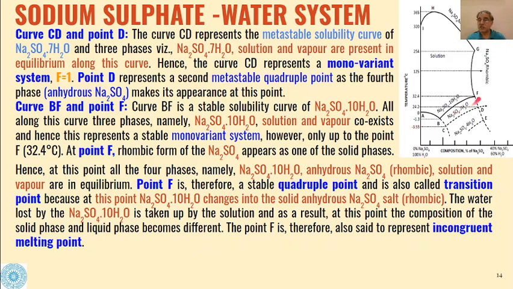And at this point F, which is another quadruple point, the temperature is 32.4 degrees centigrade. And here the fourth phase which appears at point F is anhydrous sodium sulfate as one of the solid phases. The form of anhydrous sodium sulfate which comes into play at this point is the rhombic.